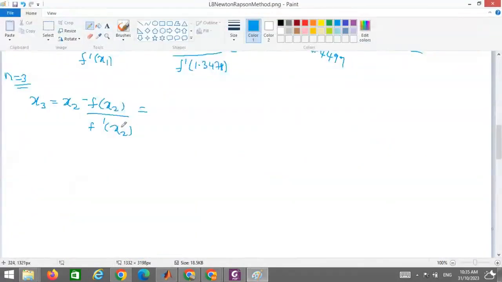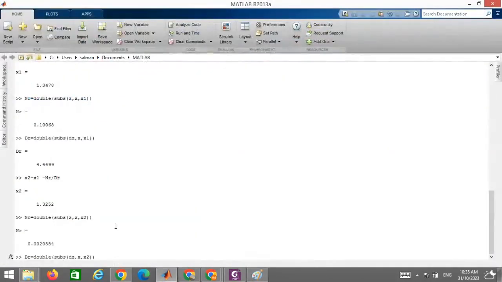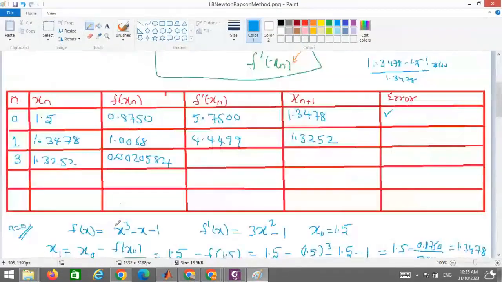Why am I putting x2? Because you see we are using x2 in the iterations, right? So I get 4.2685.